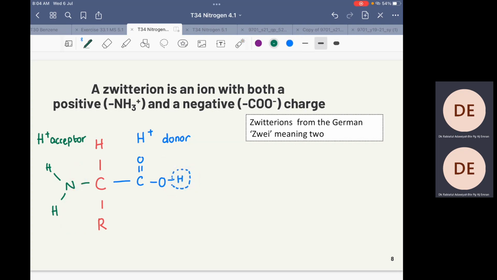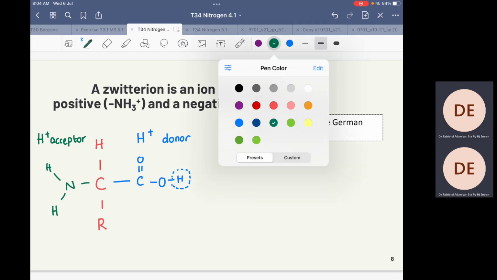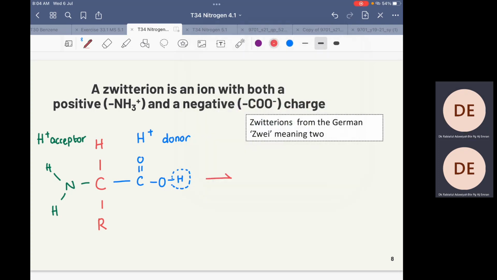Okay, so we will write this as a reversible reaction because they can lose and gain these protons all the time. So I keep my hydrogen and R group the same. My carboxylic acid now becomes carboxylate.